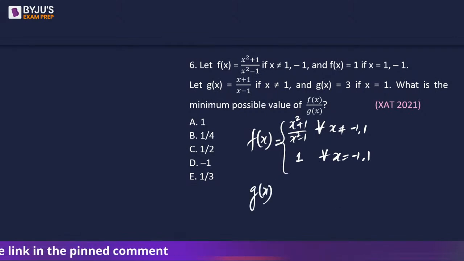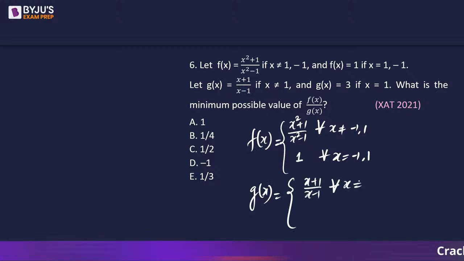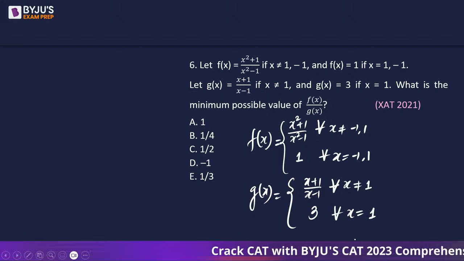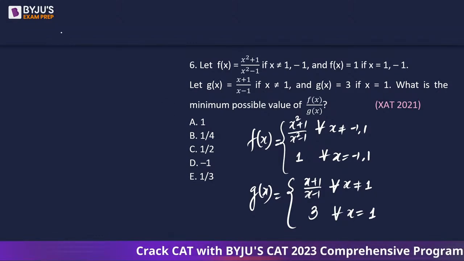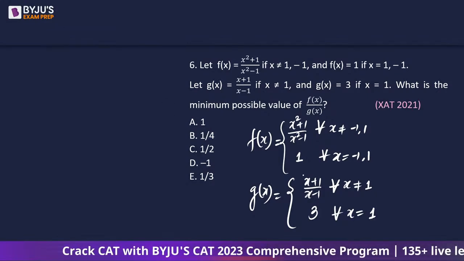Then it is given that g of x is equal to x plus 1 upon x minus 1 when x is not equal to 1, and this is equal to 3 when x is equal to 1. Right? Now we are asked to find out what is f of x by g of x.